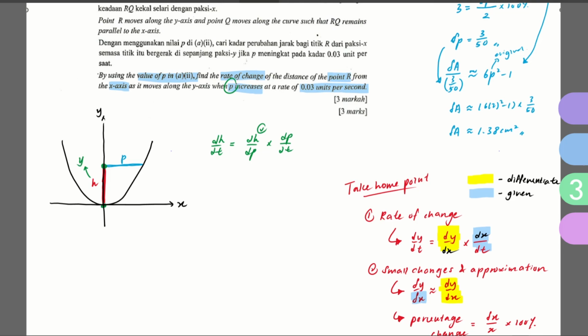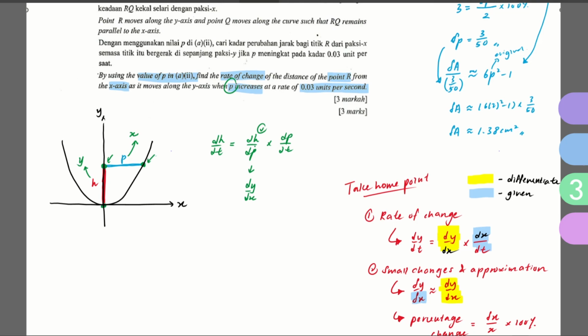For p, it's the same as well, but it depends on the x-coordinate for these 2 points. So p actually depends on x. So the relationship of h and p depends on the relationship of y and x, which means we can also use dy over dx to find this.